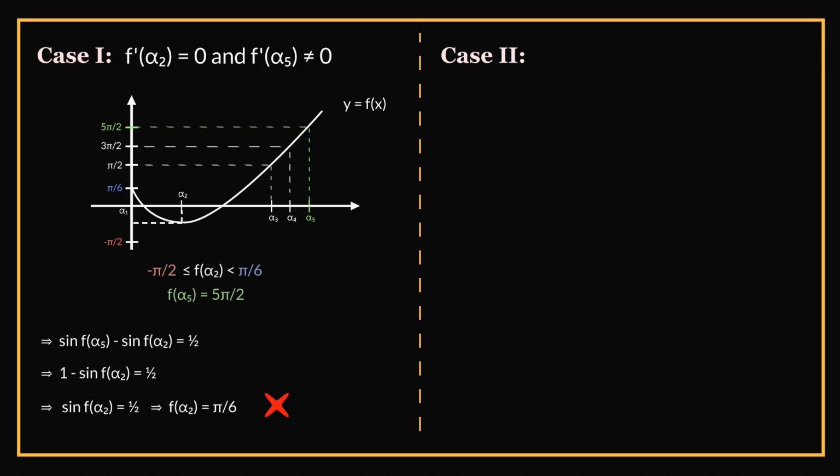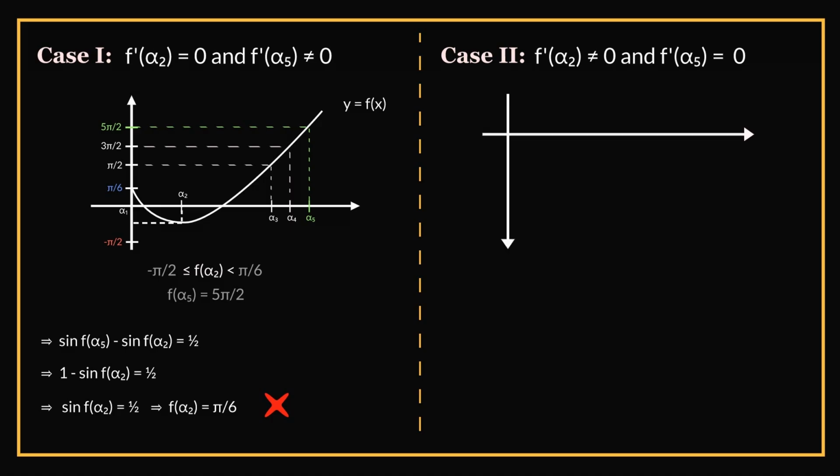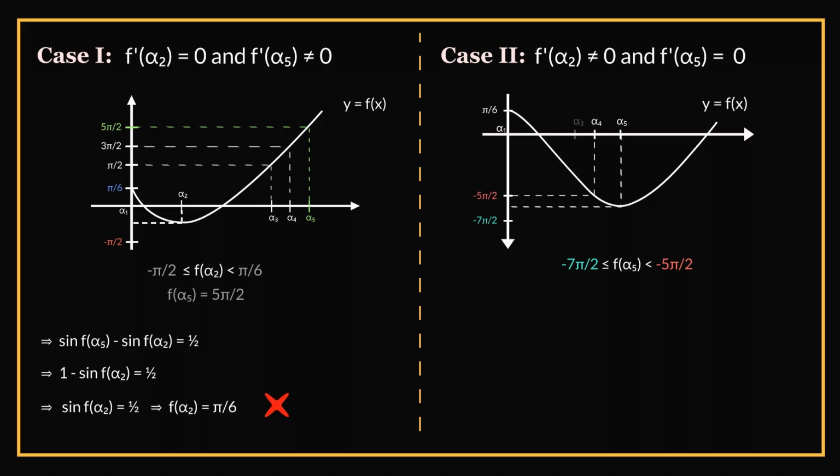Moving on to case 2, where alpha 5 is the critical point. Here we get to see that f(alpha 5) lies within the range as shown, which means that f(alpha 2) must be minus pi by 2.